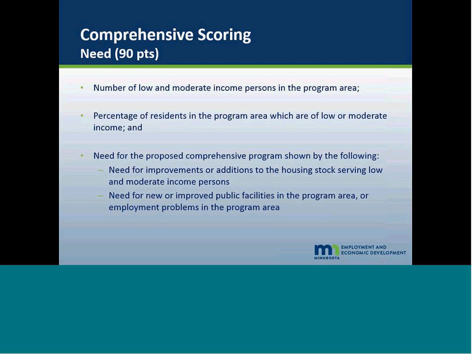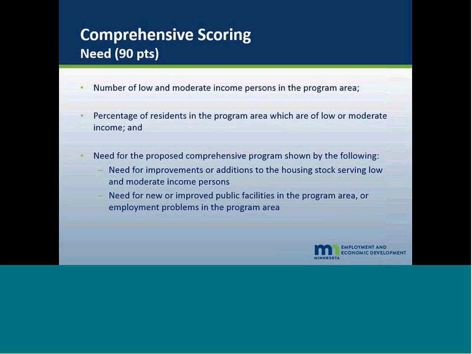The residents in the program area which is low and moderate income, and you can get this from the census data that is on our website. If you meet the 51%, then you have to do a survey.